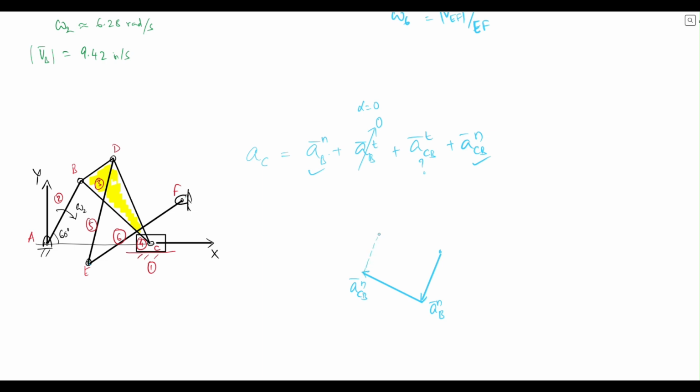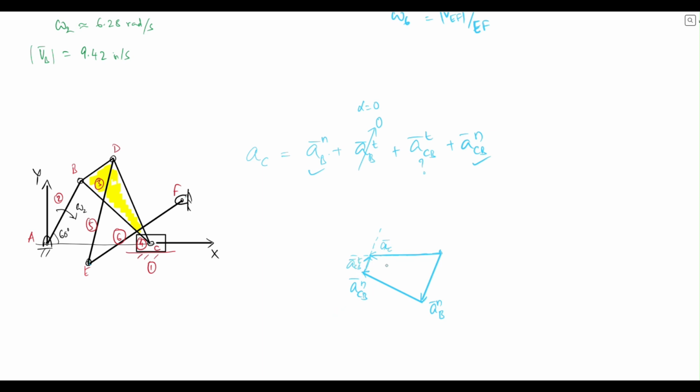So we can draw that line which is perpendicular and along which the tangential acceleration of C with respect to B will exist. We can draw a horizontal line because we know the slider is going to have acceleration in the horizontal direction, and thus we have identified acceleration of the point C. We can measure this, and we have one of the answers that we were looking for. This is the other part, which is acceleration of C with respect to B tangential.